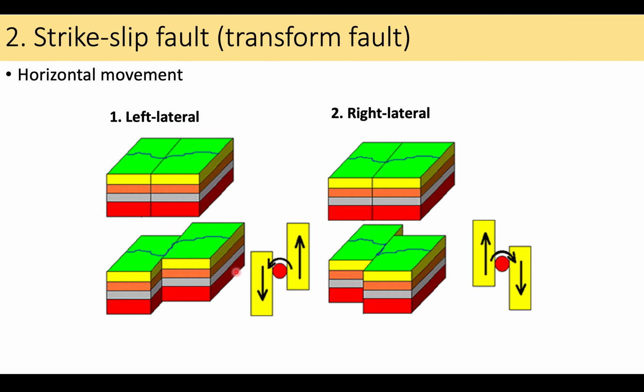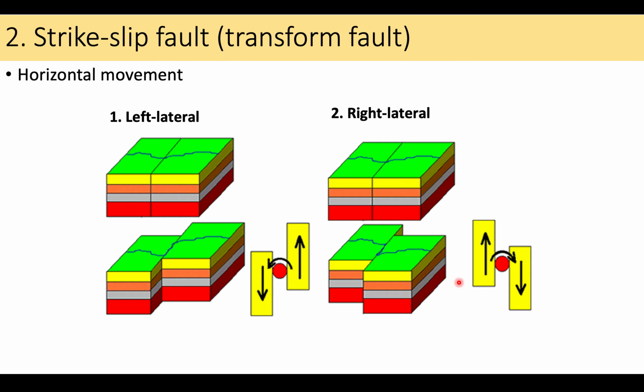So one thing you can do is you can picture a tennis ball or a volleyball in between the two blocks. And then when you look at their motion, so here we see the block on the right moved farther away from us, farther away from the screen. The block on the left moved towards us. So we see that if we were to do that with our blocks, with a ball in the middle, the ball would rotate to the left.